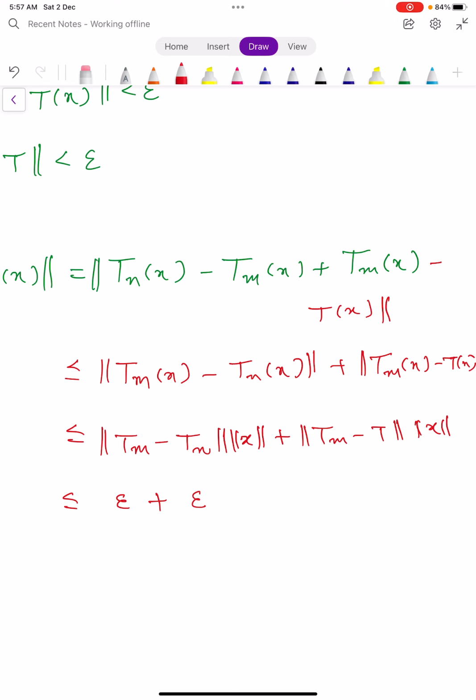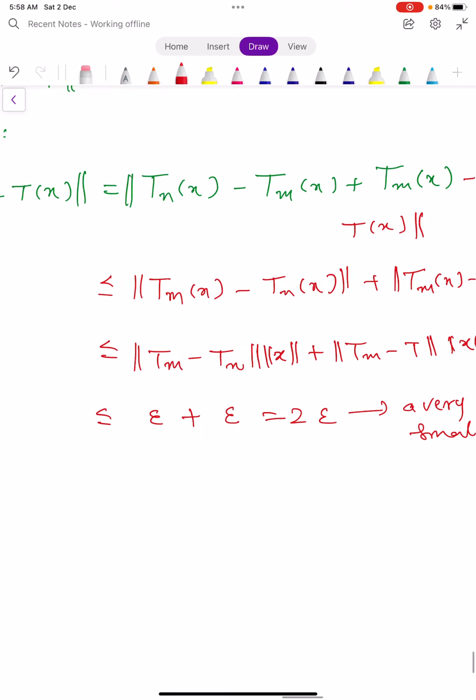Or if you define this epsilon by 2, which is equal to 2 epsilon, and epsilon is a very small real number.